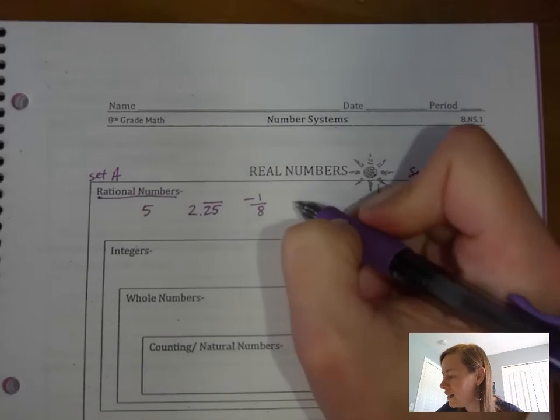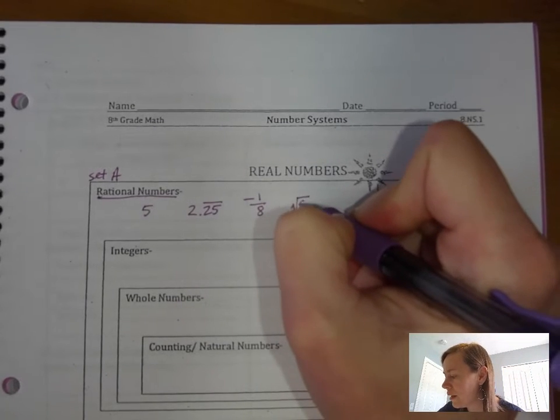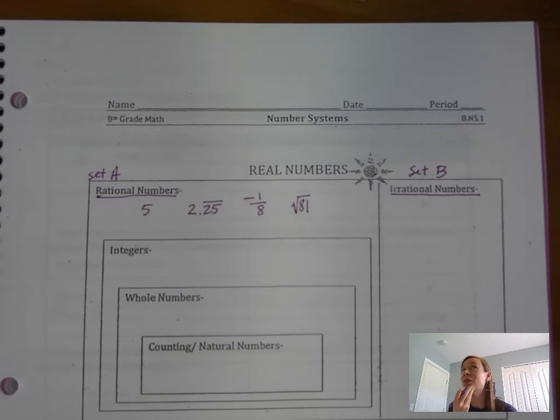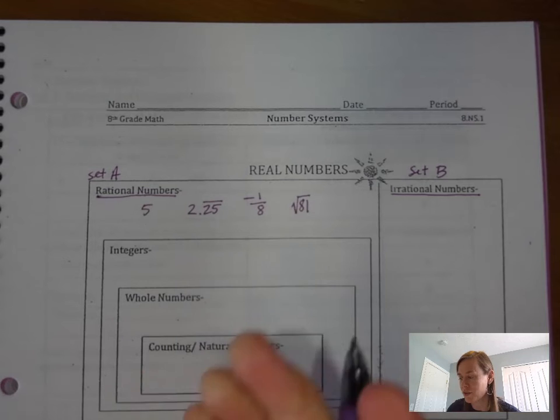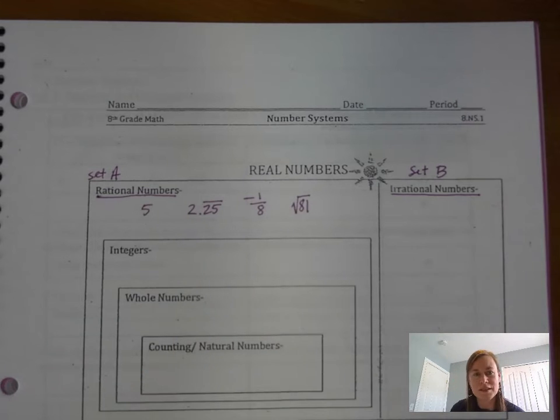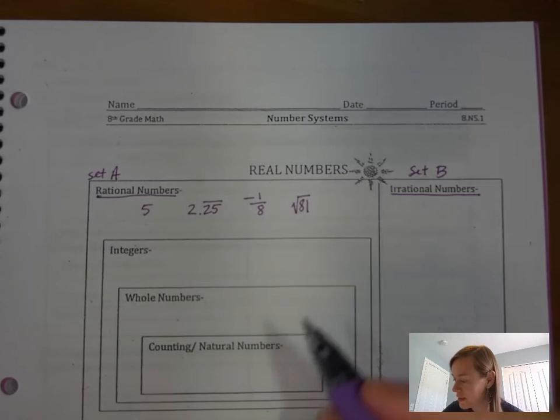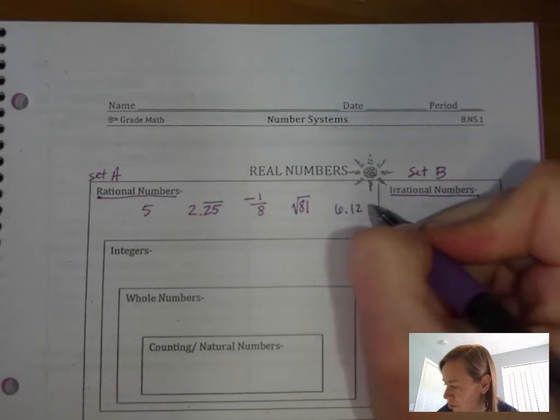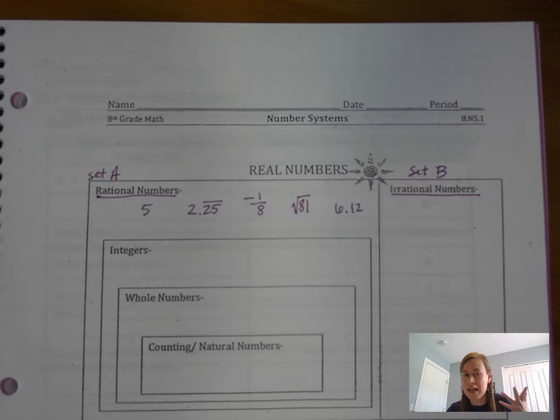What if you had a square root of 81? Well, let's see, square root of 81 is 9 or negative 9, and those are both rational numbers, so that goes there too. So we've got some examples of rational numbers here. Oh, and also terminating decimals. So you could have just like 6.12, and then it stops there. Those are all rational numbers.